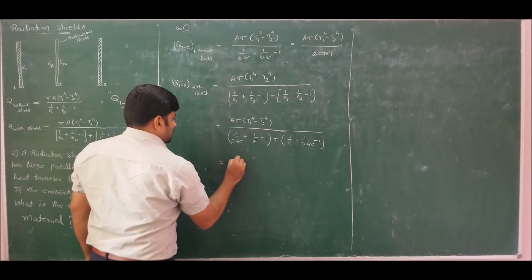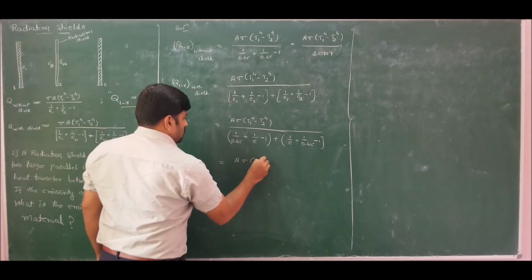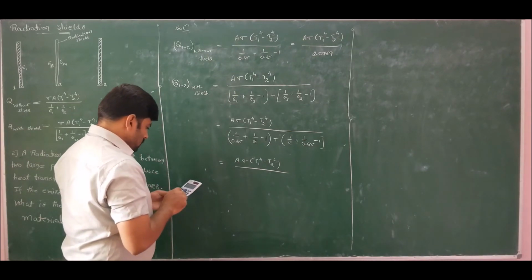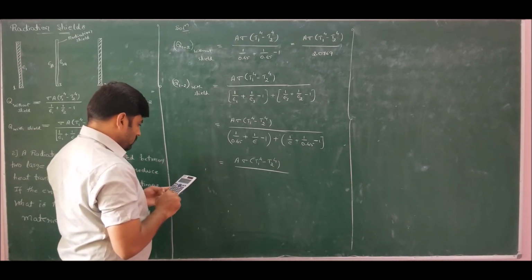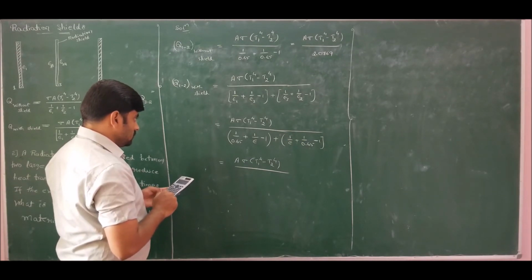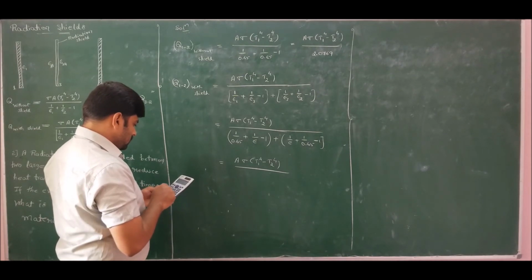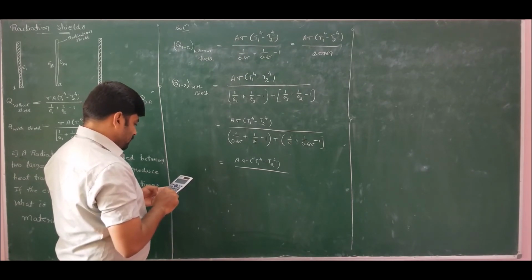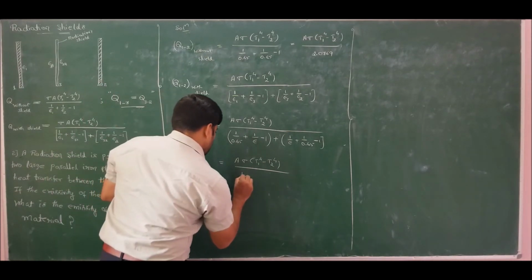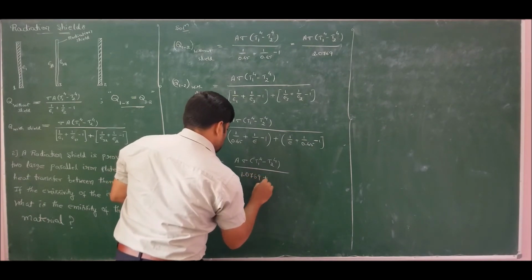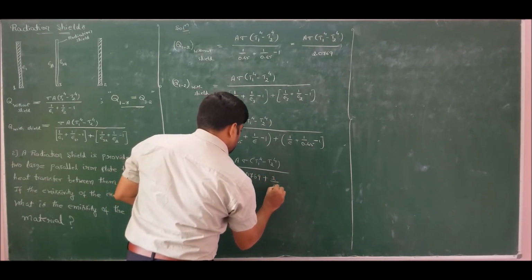So we will get the answer as A sigma (T1^4 minus T2^4) divided by 1 by 0.65 minus 1 plus 1 by 0.65 minus 1, which is nothing but 1.0769 plus 2 by epsilon.